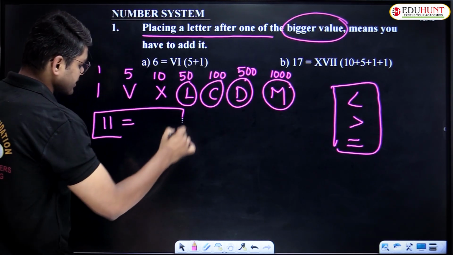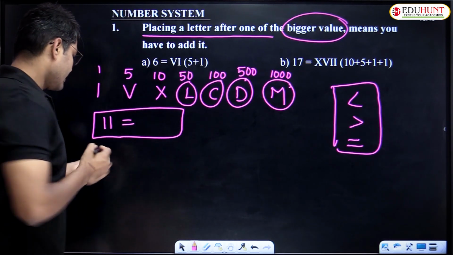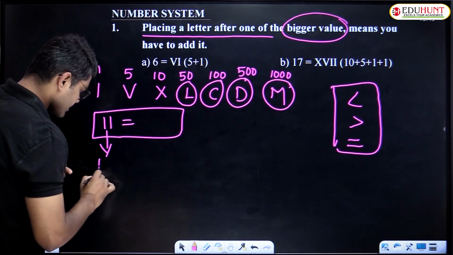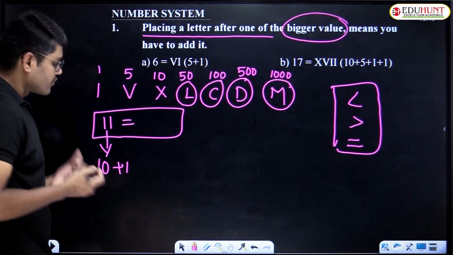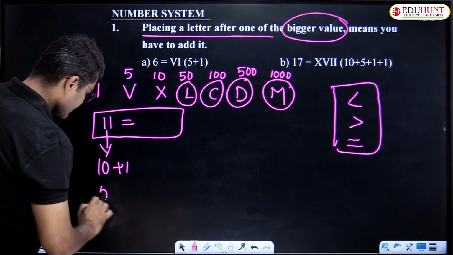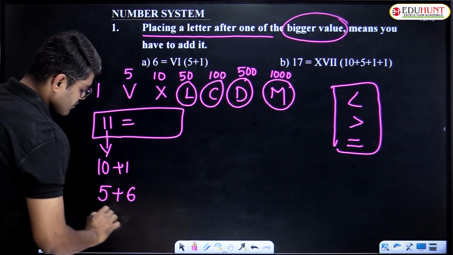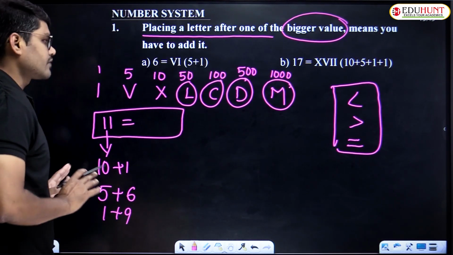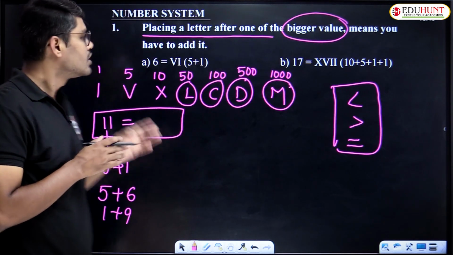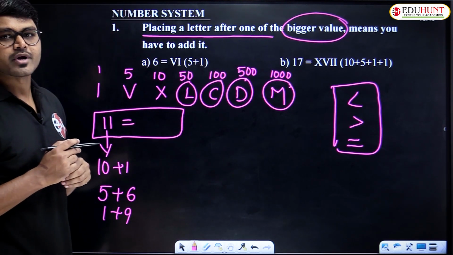How can I write 11? 11 can be written 10 plus 1. Why 10 plus 1? We can write 5 plus 6 also, we can write 1 plus 9 also, but we have to follow some rules to form a number in Roman numerals.